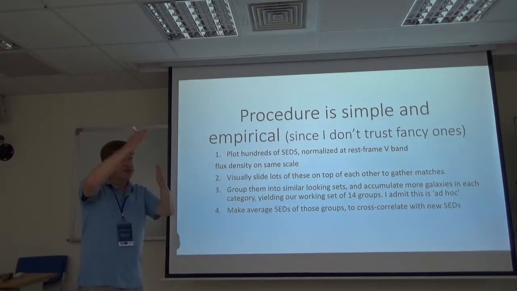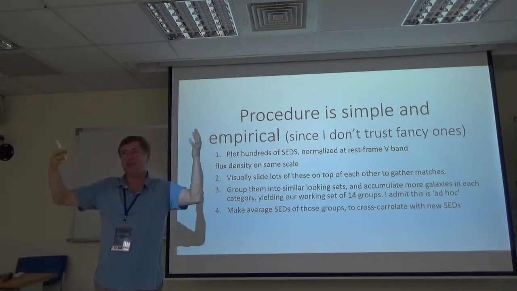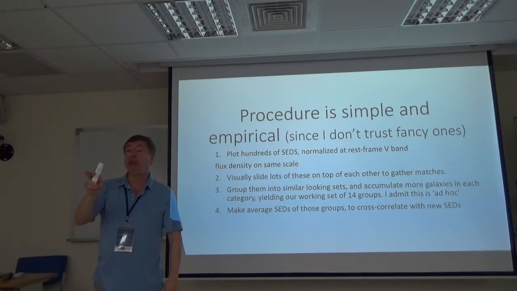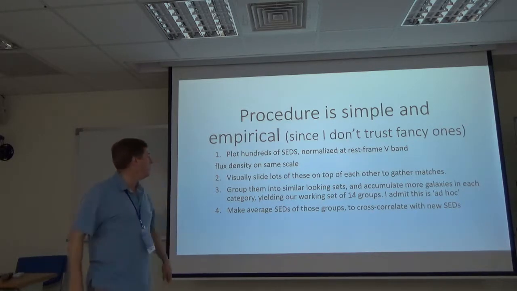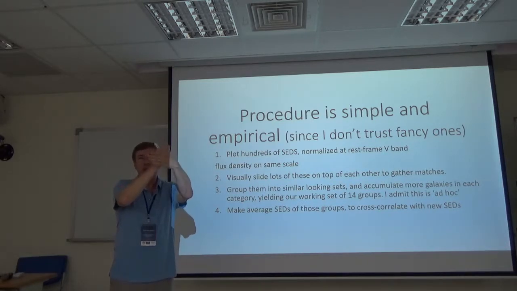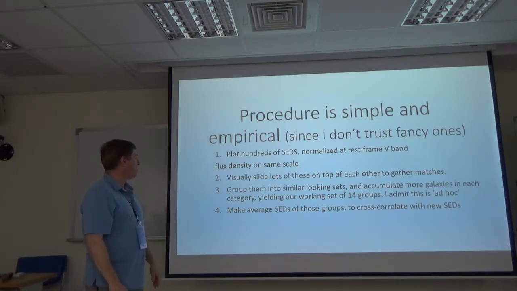And then I just slide on top of each other these different papers. I have hundreds of these papers, and trying to match them. Do I see some SEDs which look very similar to me from different galaxies? Maybe, this is an important point, at different redshifts, but it looks the same to me. So we can interpolate with different redshifts. We can interpolate between these rather wide Akari filters, wide band passes.